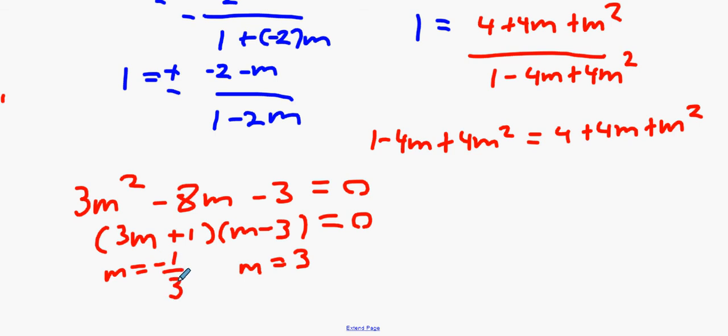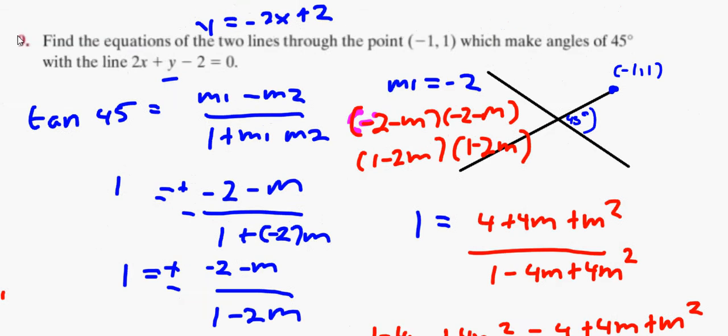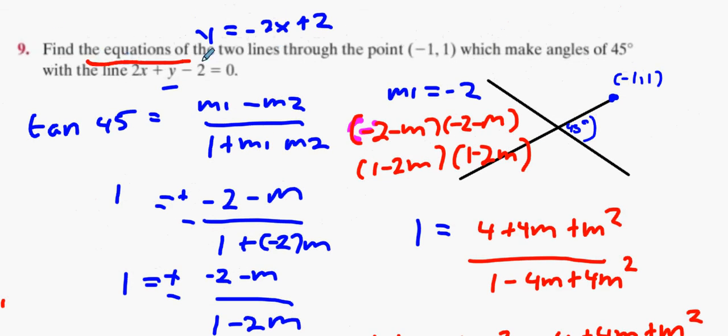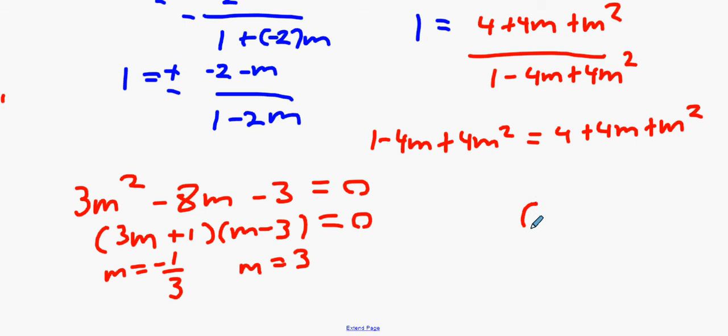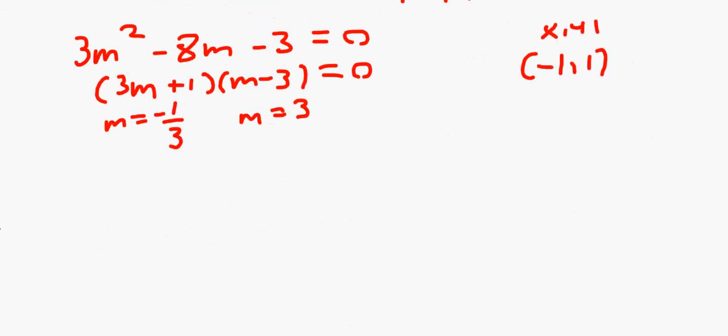I don't get full marks. Why not? Reread the question. Equations of two lines, alright? So minus 1, 1. That's your x1, y1. And now we've got to do our equation of a line formula.